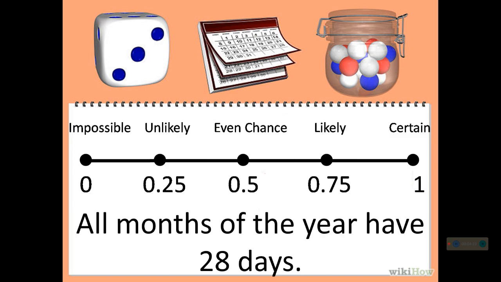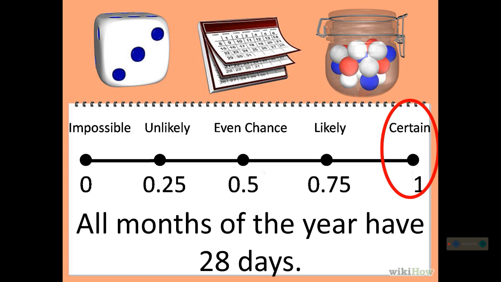Next. All months of the year have 28 days. Is it impossible, unlikely, even chance, likely, or certain? The answer is certain. You may think, why is it 1 or certain? Yes, we have from January to December having 28 days. You may think that it is only February.